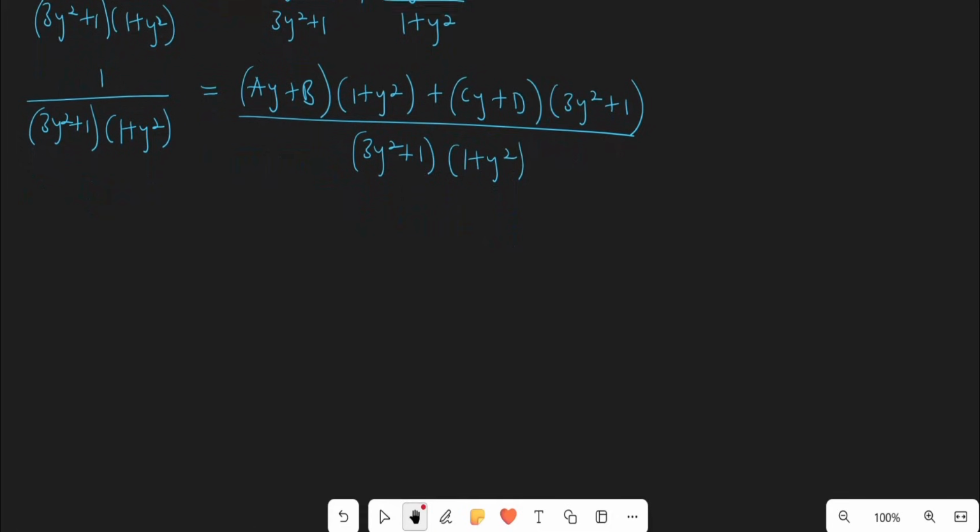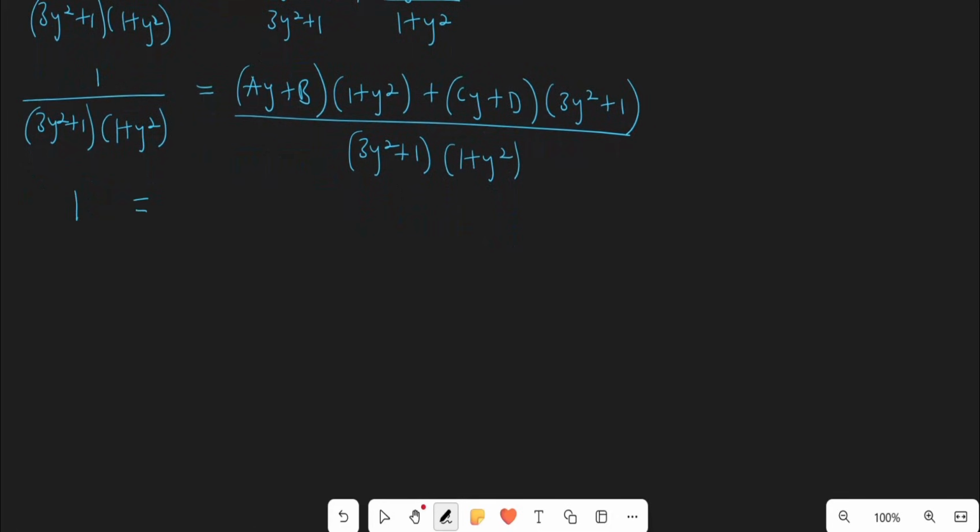Alright, so 1 is equal to, the denominators are the same, so we just have to FOIL those on top. So that is going to be ay plus ay to the third plus b plus by squared plus 3cy to the third plus cy plus 3dy squared plus d.